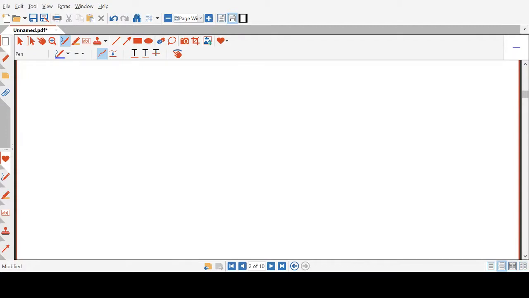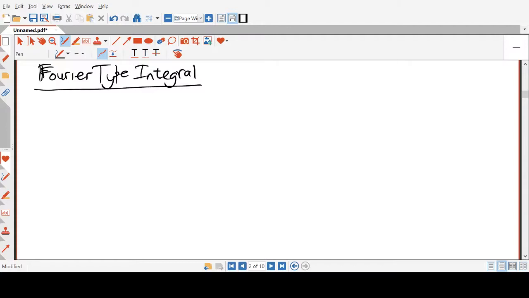So this is what we call the Fourier integral, a Fourier type integral. Fourier has things like a_k sin kx, a_k cos kx. So when you have those combinations, then we call it a Fourier type integral.